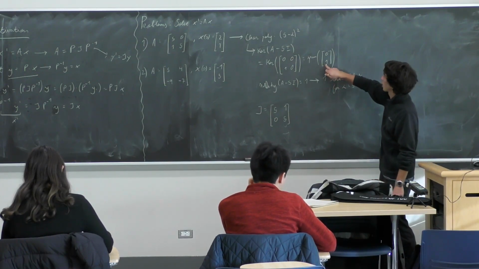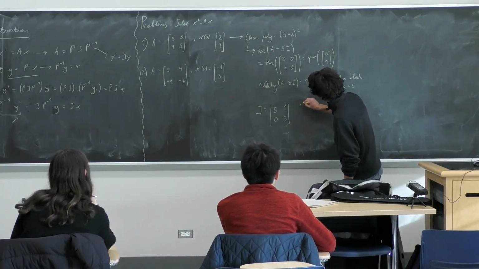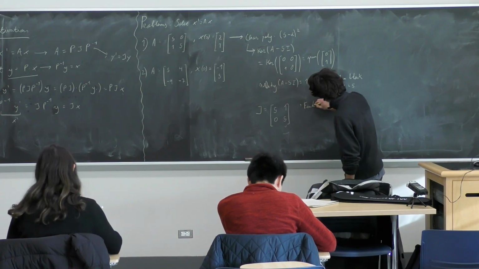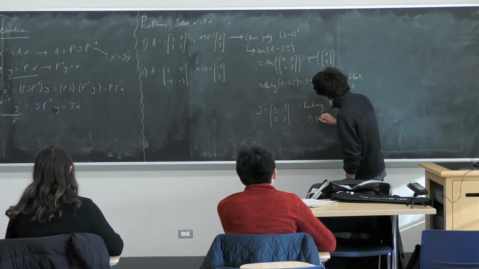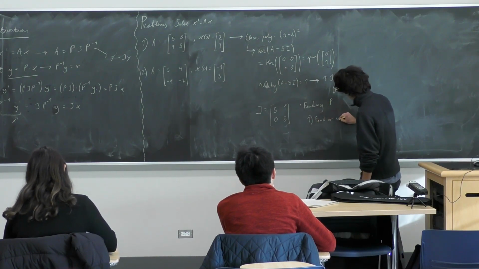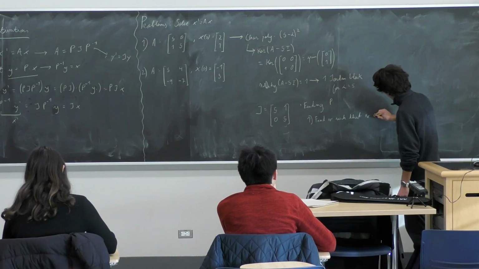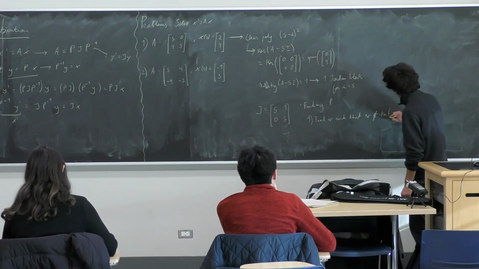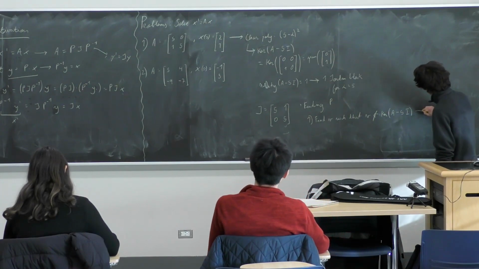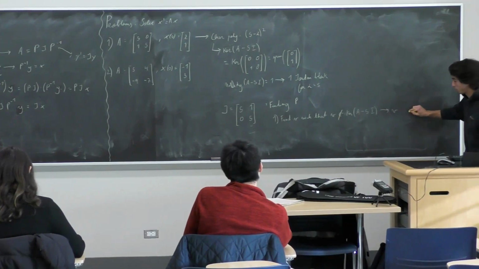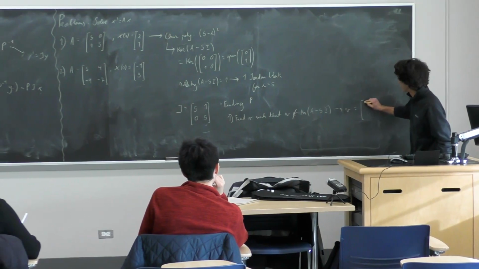So for the P, since you already know the kernel, I'll write it here, finding P. In this case I'm going to find B such that B is not in the kernel of A minus 5I. So I'm going to say that this V, if you guys can see there, is simply 1, 0.